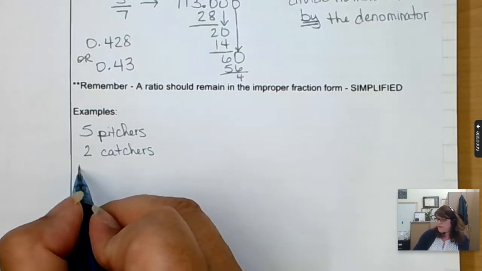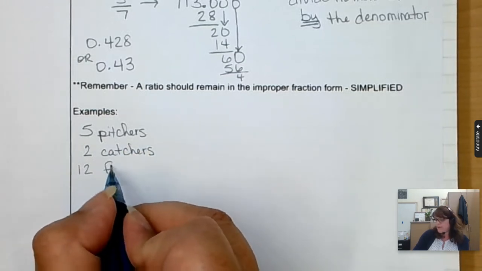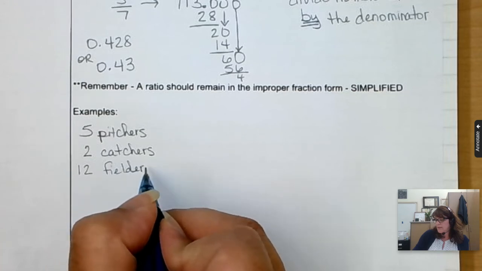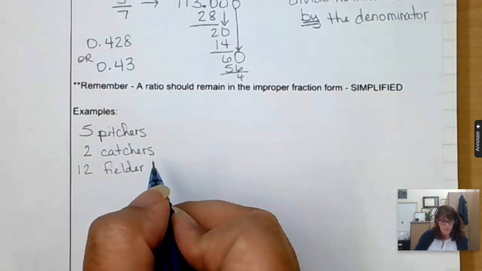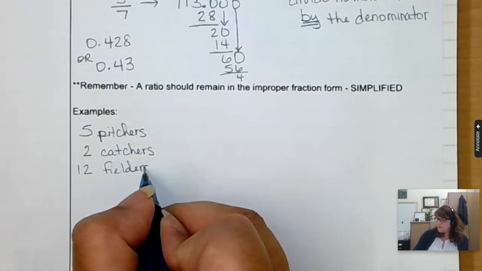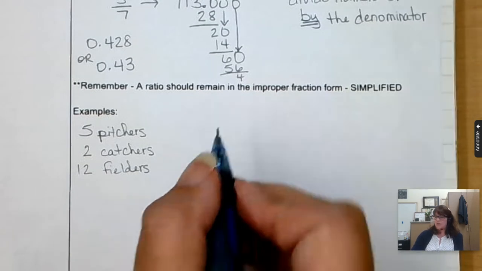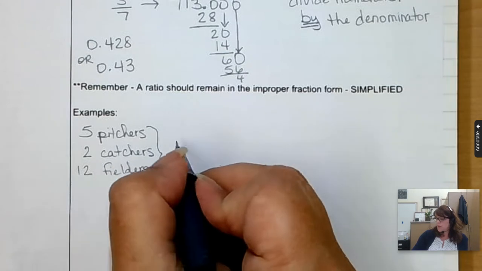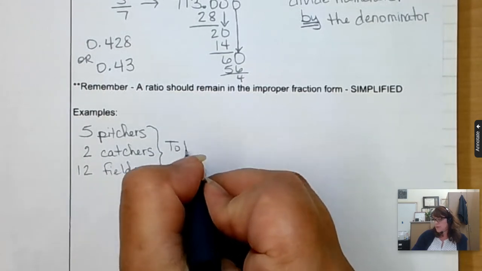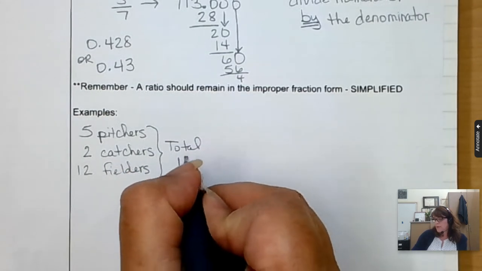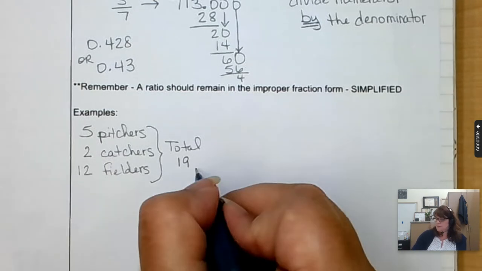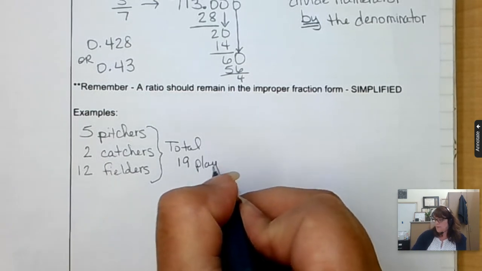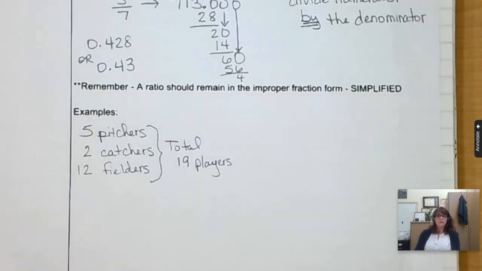And we have 12 fielders. Obviously, not all on the field at the same time. You only need one pitcher at a time, but poor pitchers, they get tired. And if you add those up, that's a total roster of 19 players. Enough to get the job done.